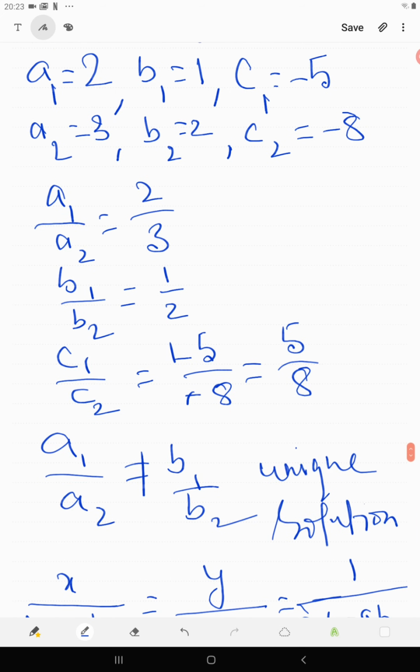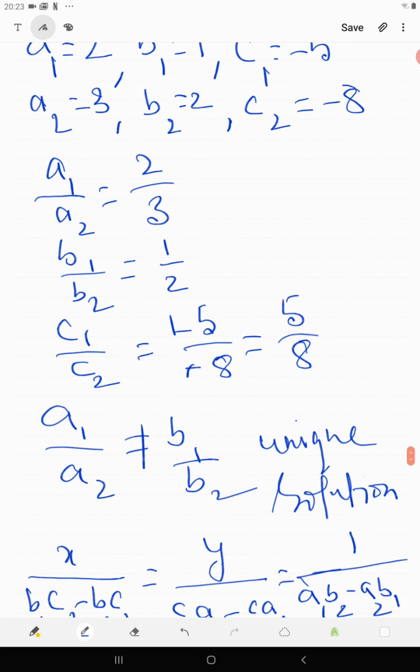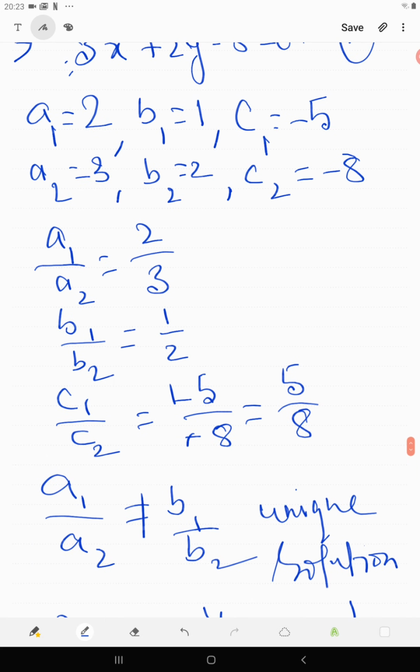C1 is minus 5, A2 is 3. Okay, so C1 is minus 5, correct? Yeah.